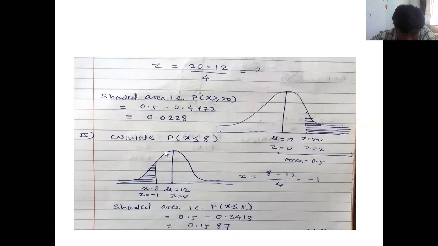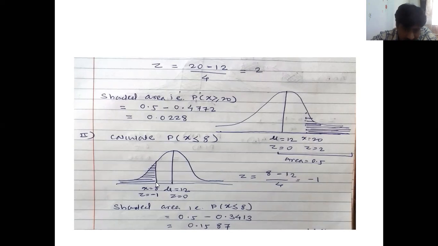So I plotted the bell shaped curve, center mu, that is the mean, is 12. At the center the value of z is 0, and for x less than or equal to 8, x will come to the left hand side, since 8 is less than 12, it will come on the left hand side of mu equal to 12.